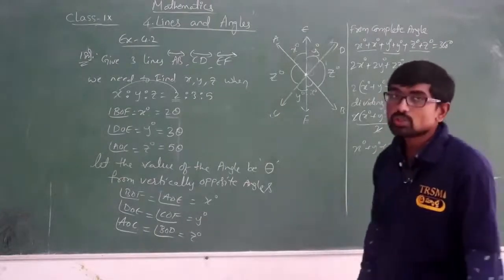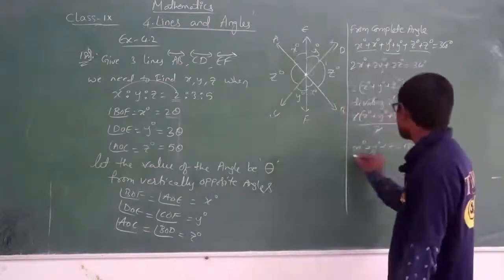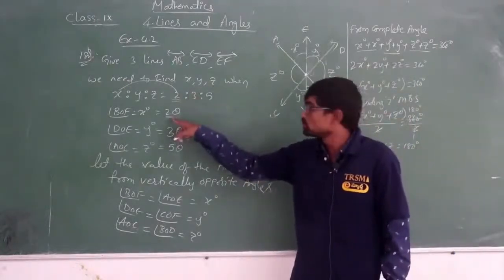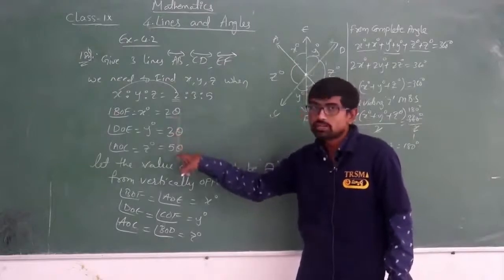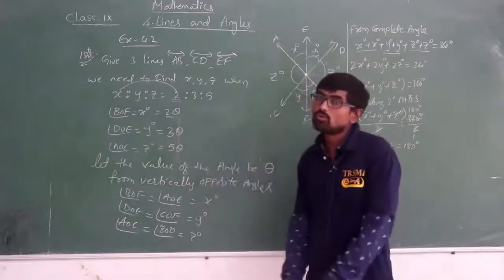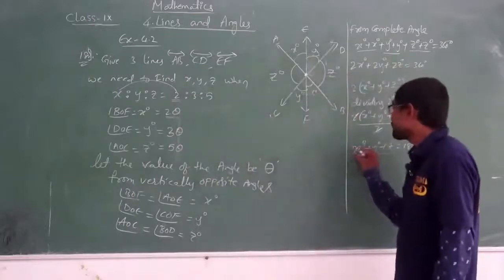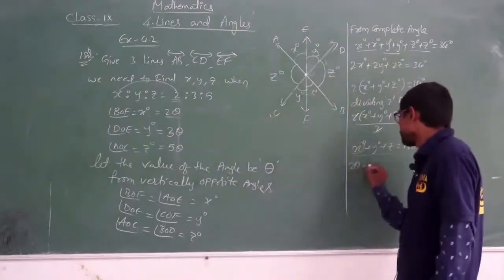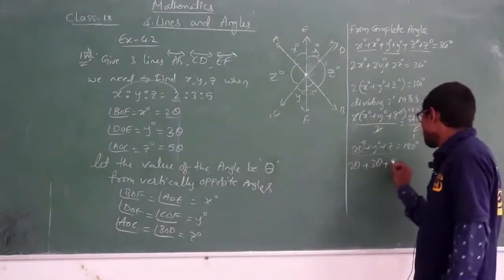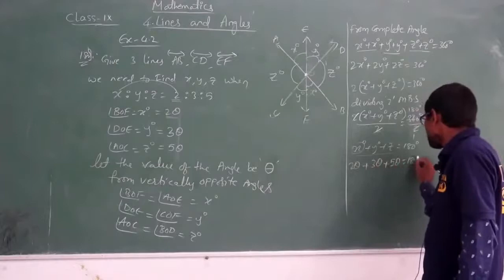As we don't know the exact values, we have taken these angles in terms of ratios. These ratios are converted to 2 theta, 3 theta, 5 theta. What is theta? The whole value of that angle. So in place of x I am writing 2 theta, y 3 theta, z 5 theta, is equal to 180, isn't it?